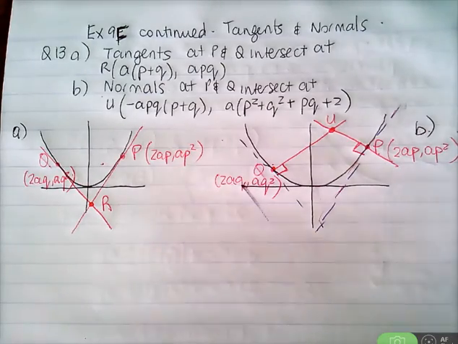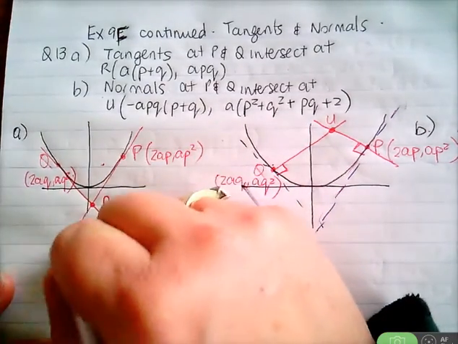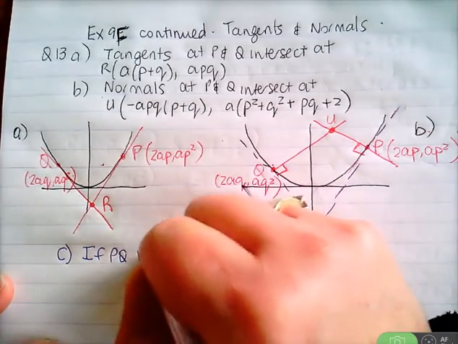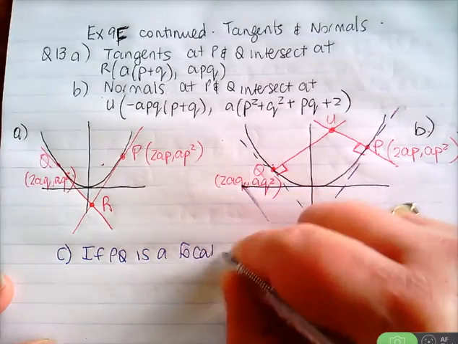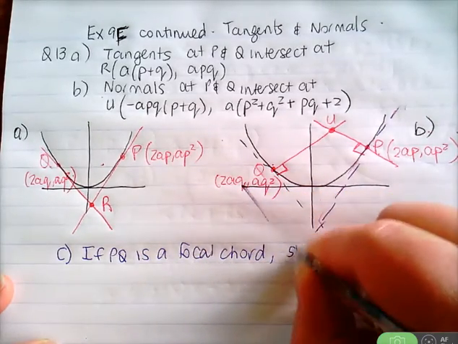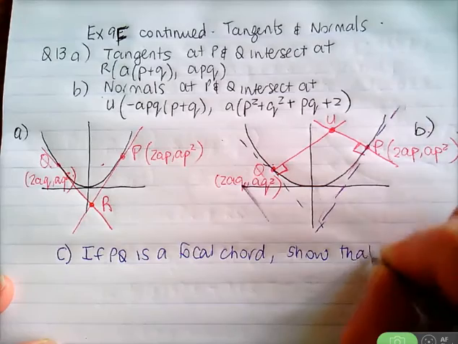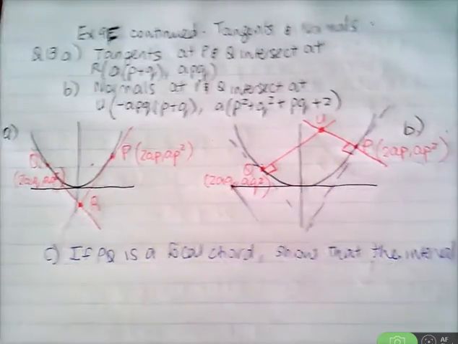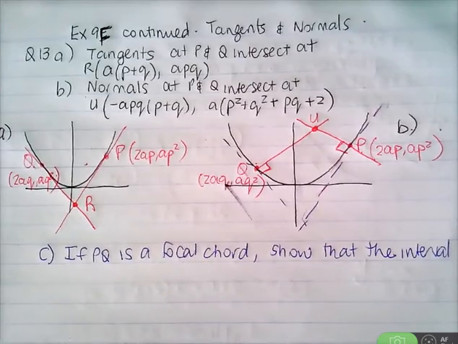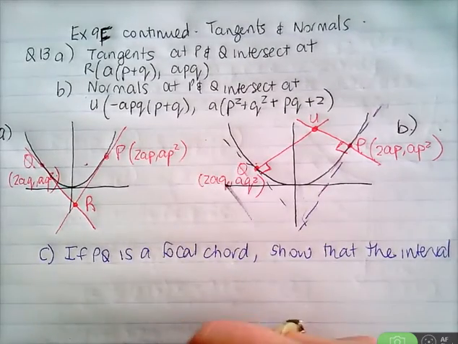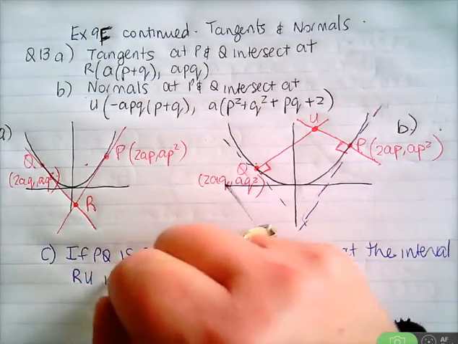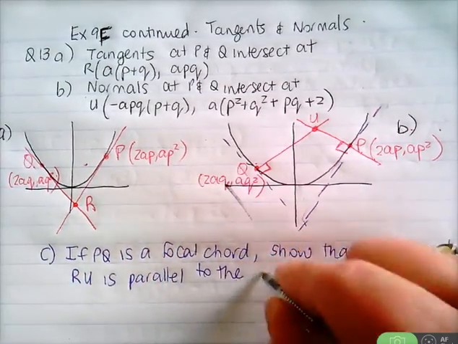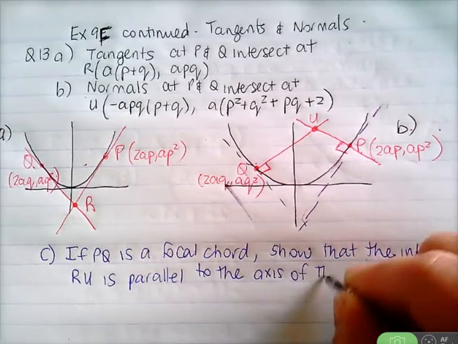Now, part C of the question says, if PQ is a focal chord, show that the interval RU is parallel to the axis of the parabola.